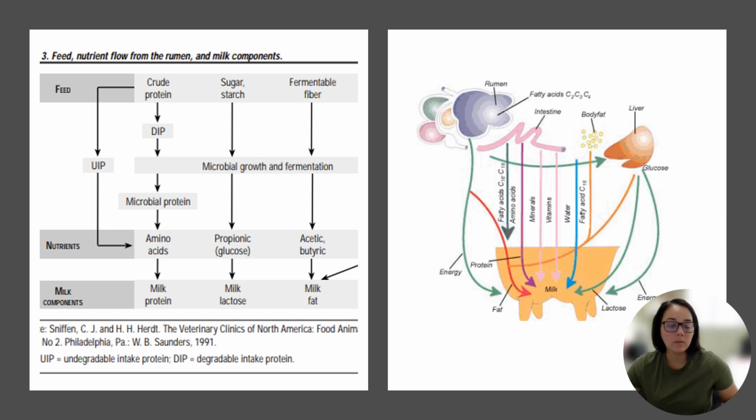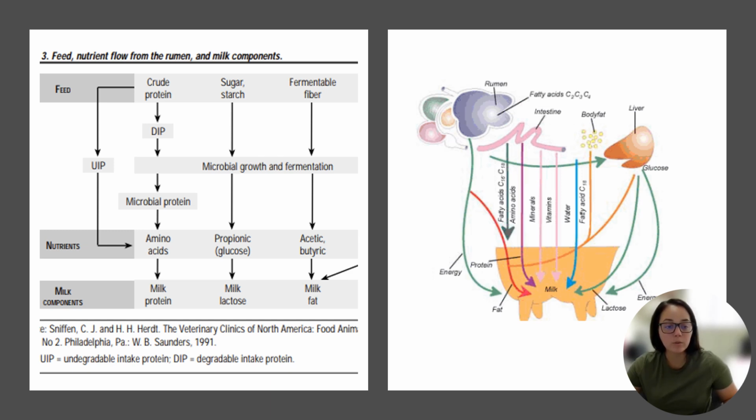When an animal ingests the crude protein in a feed, it can get turned into amino acids that go into building the milk protein. We'll talk about that a little bit later, but those amino acids are the building blocks for the proteins, the casein and the whey proteins that we see in milk.